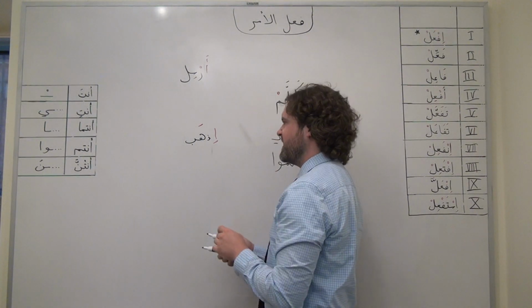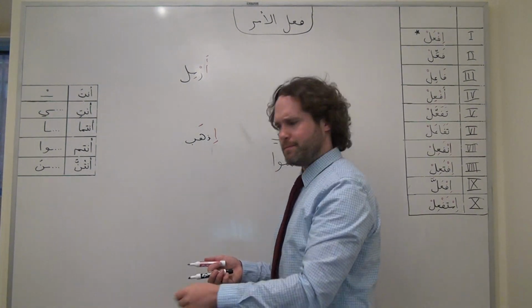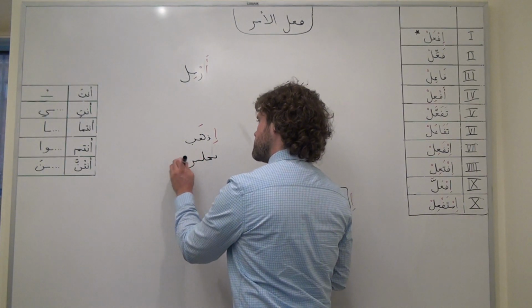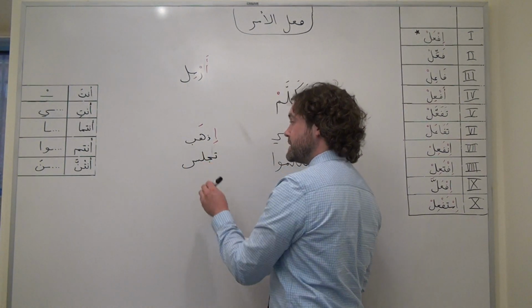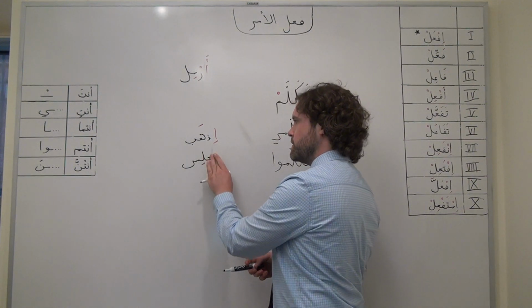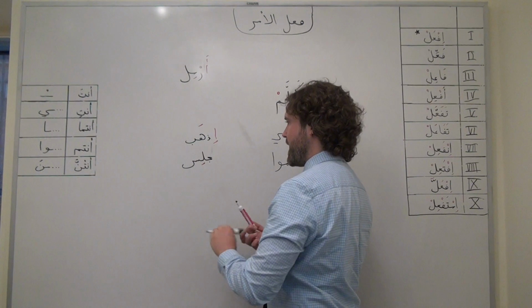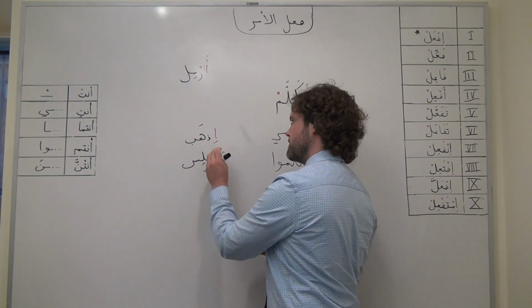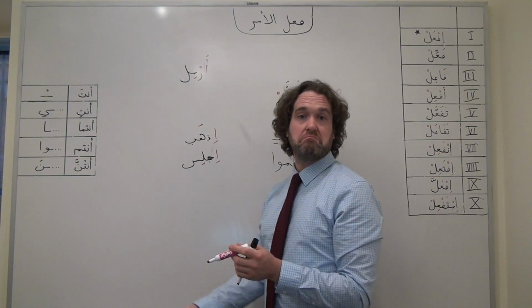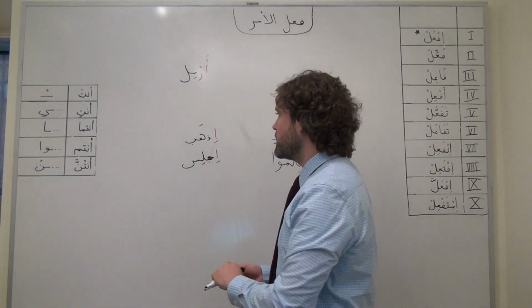I'm going to replicate that kasra. So if I want to say, sit down, tajlis, that verb for sitting has a kasra here. So I'm going to have a kasra at the beginning as well. Ijlis or ijlisi, ijlisu, sit down, all of you.